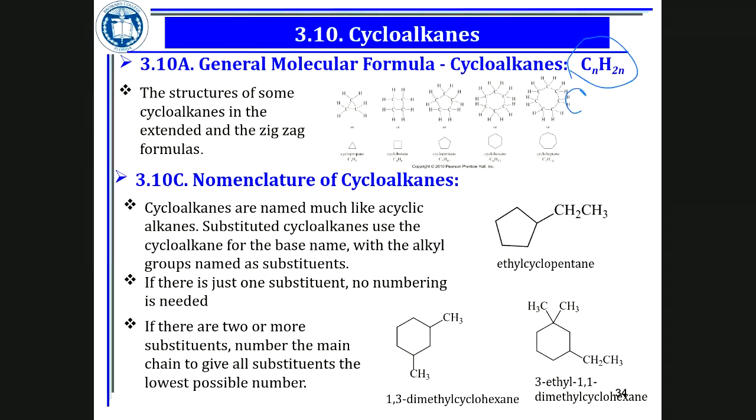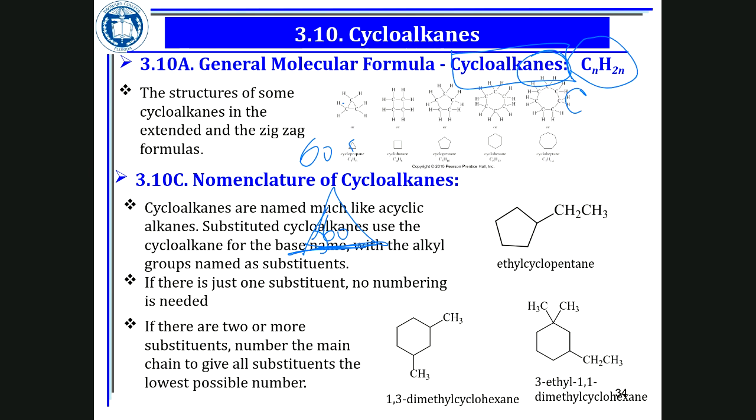Hybridization for each carbon, if we have a cycloalkane, it still belongs to the alkane family. Hybridization is going to be sp3. Bond angle for cyclopropane is 60 degrees. It's forced to be, that's the internal bond angle when you have a cyclic system. If you have a triangle, each one is 60 degrees. And that makes cyclopropane very unstable.